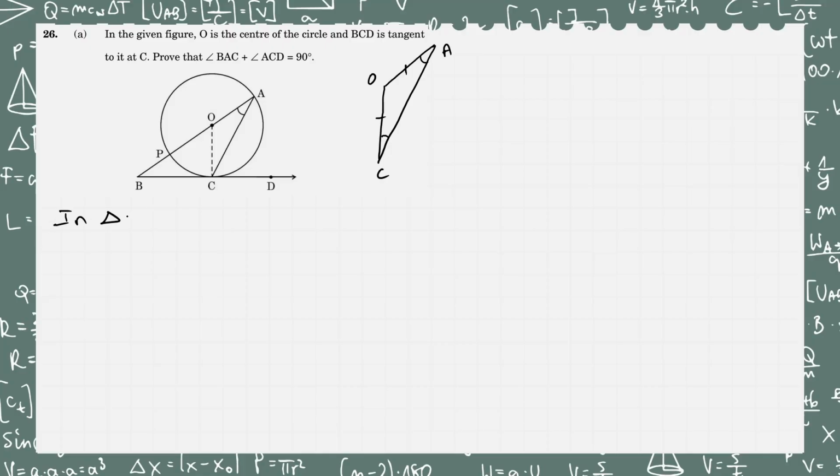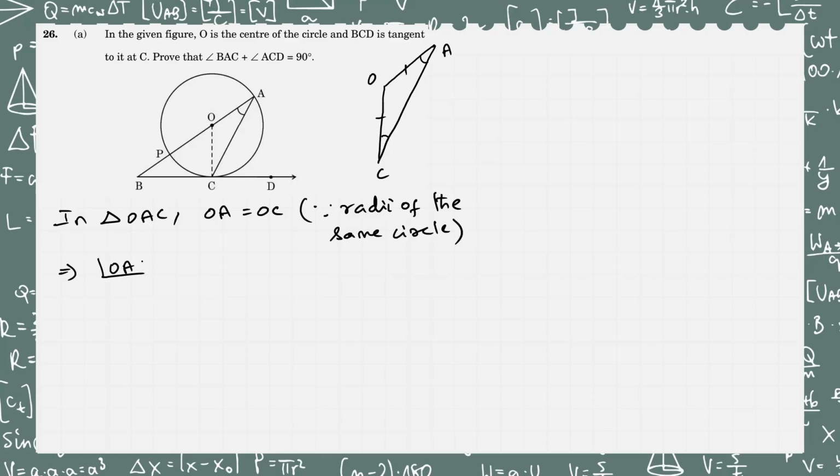In triangle OAC, OA and OC both are equal since they are radii of the same circle. That's the reason. That implies angle OAC and angle OCA both are equal to each other.